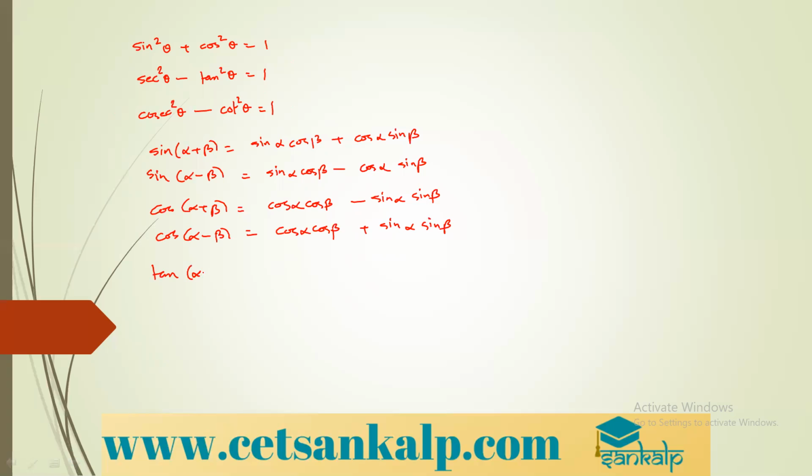Tan of alpha plus beta is tan alpha plus tan beta by 1 minus tan alpha tan beta. Tan of alpha minus beta is tan alpha minus tan beta by 1 plus tan alpha tan beta.